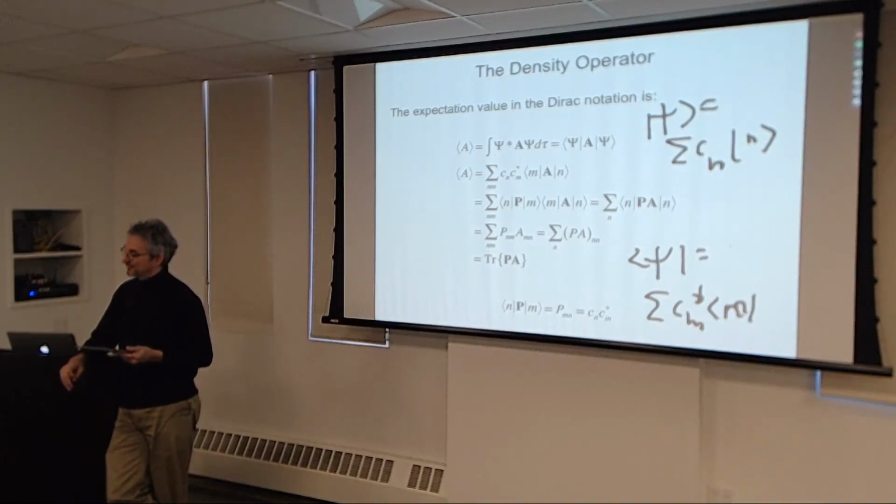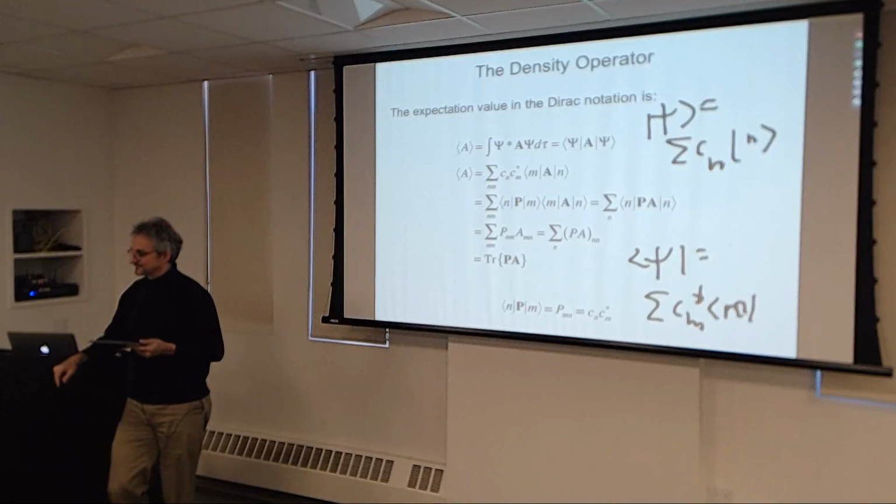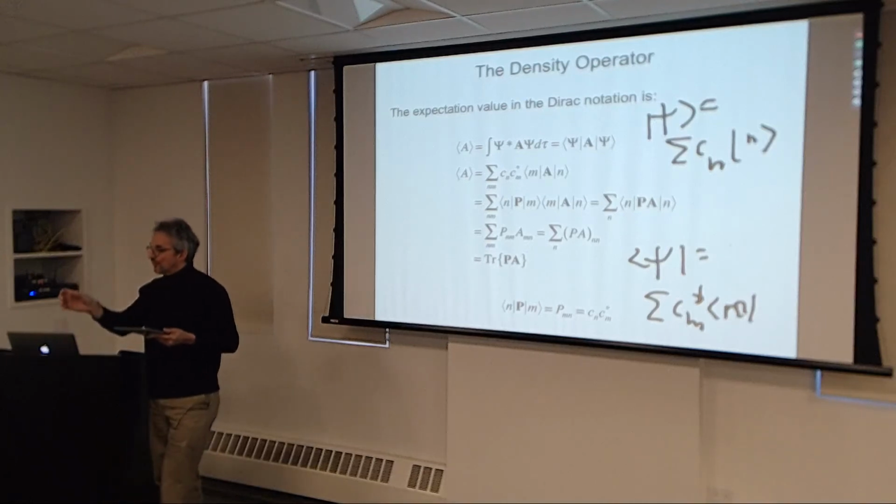So it refers to a matrix where the rows are n and the columns are m. So I have two matrices. One I'm going to think of as rows are n's, columns are m's, and the other one, the rows are m's and the columns are n's. Trying to keep the ordering straight.